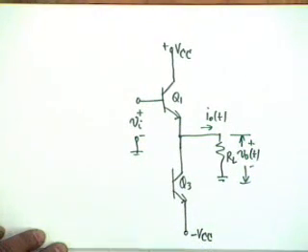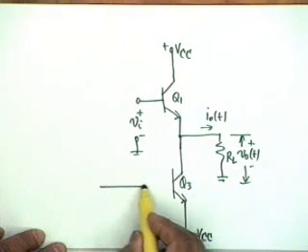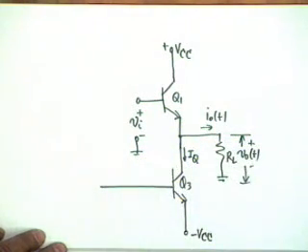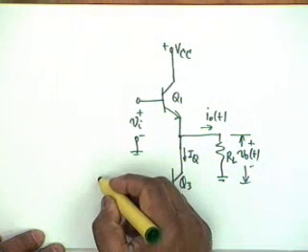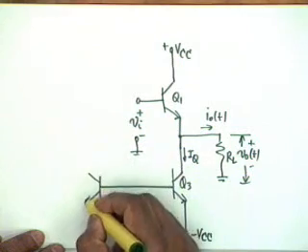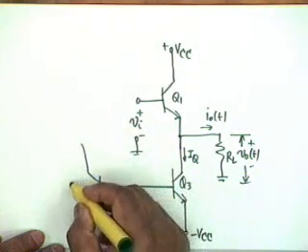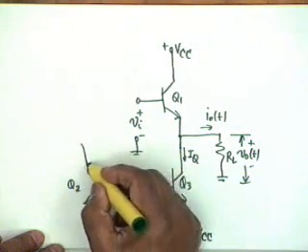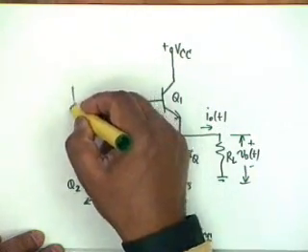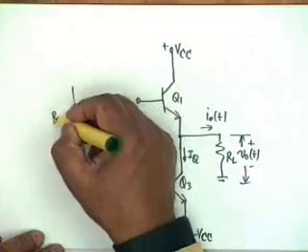Emitter goes to minus VCC and the current IQ of Q3 is decided by the main transistor, which is the current deciding transistor, which we had called Q2. Its collector is connected to the base and this is connected to a resistance R1.